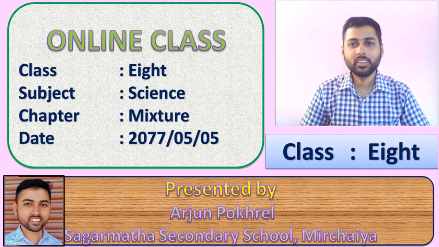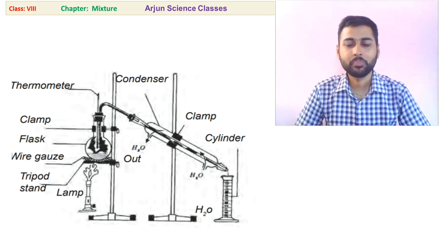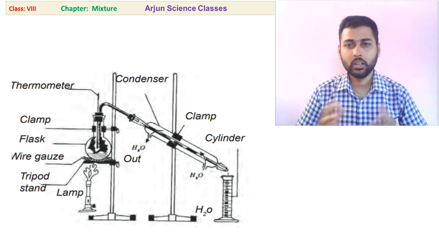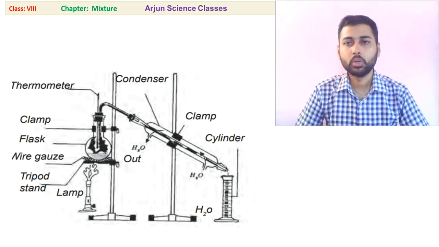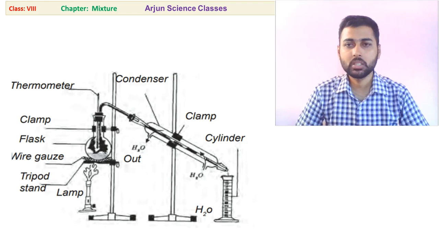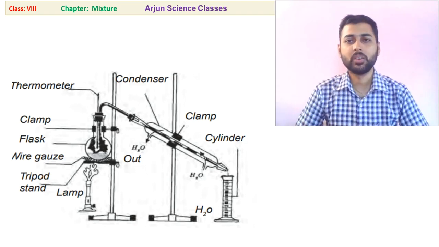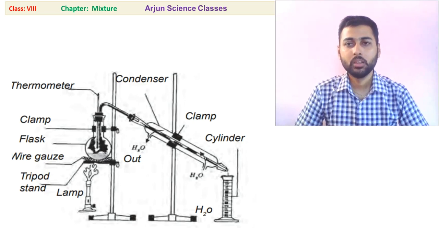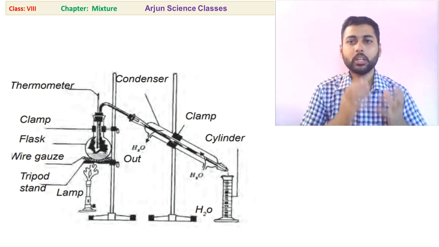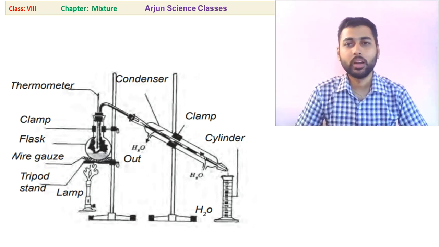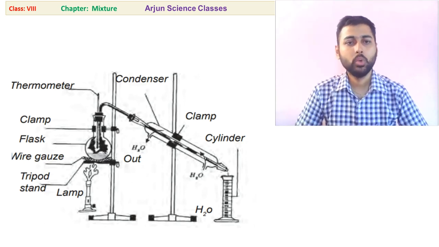And dear students, in the previous class, we discussed mixture: what is a mixture, how a mixture differs from a compound, what we mean by a heterogeneous mixture, and what we mean by a homogeneous mixture. We have already discussed that in the previous class.